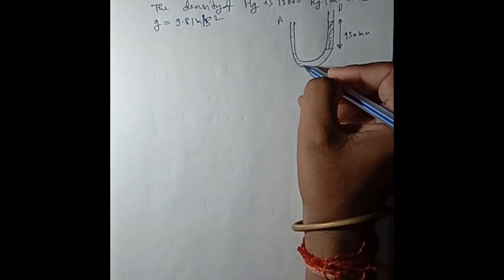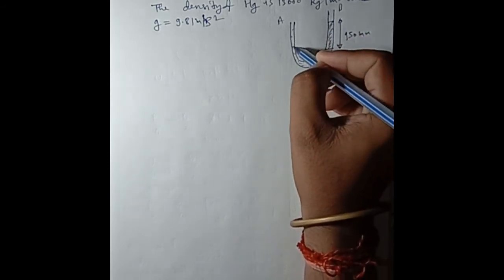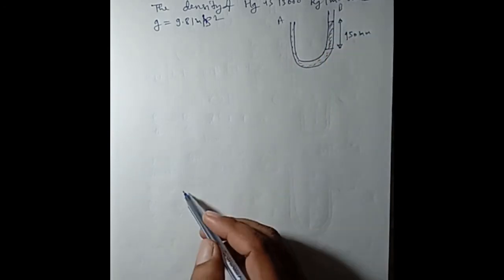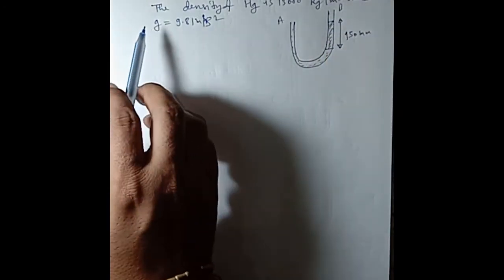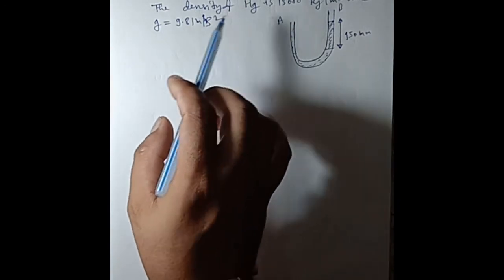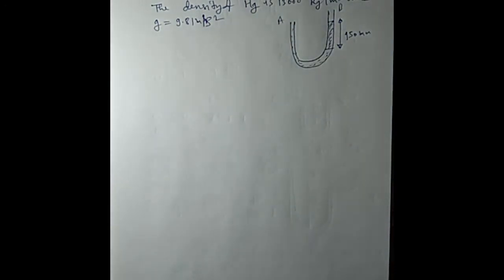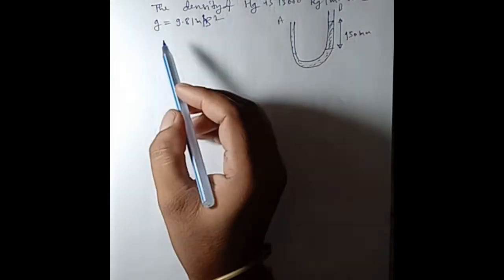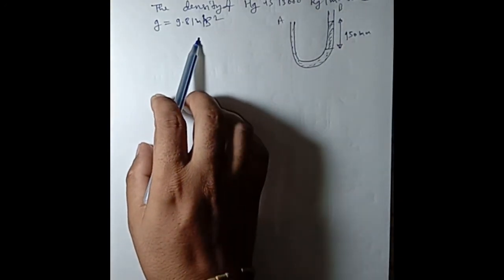Either this is different types of liquid filled. The density of mercury is given as 13,600 kg per meter cube, and gravitational acceleration is 9.81 meter per second square.